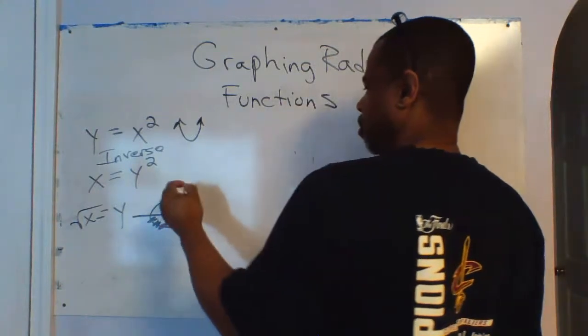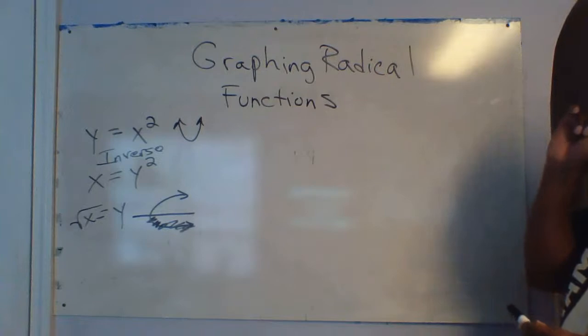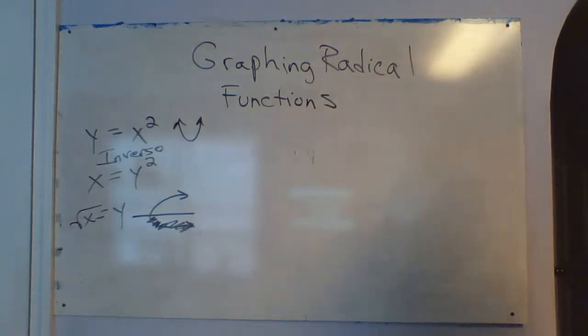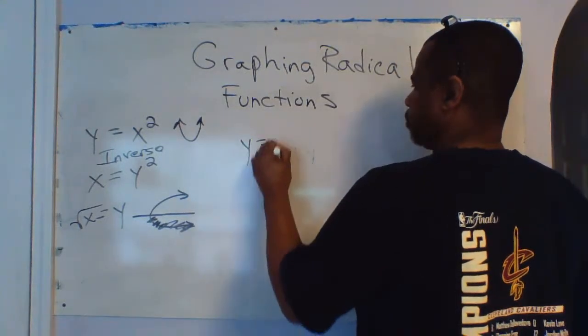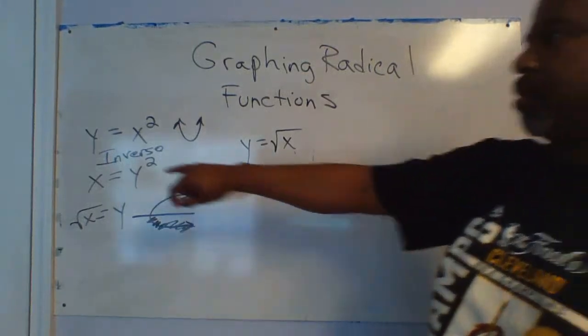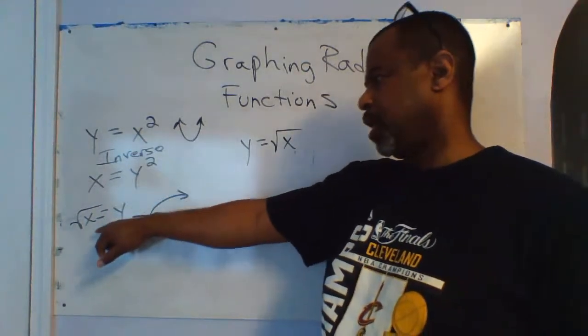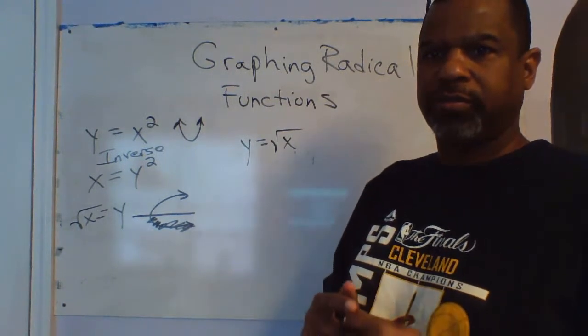We're only going to use this part of it. So what we want to do here is graph y equals the square root of x. So y equals x squared and y equals the square root of x are inverses of each other.